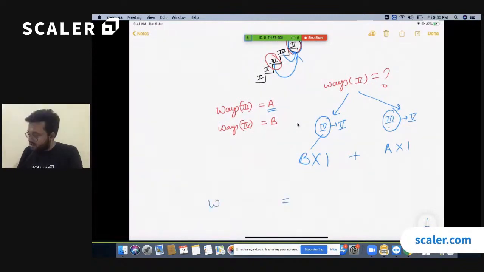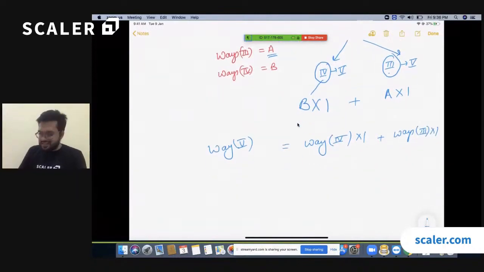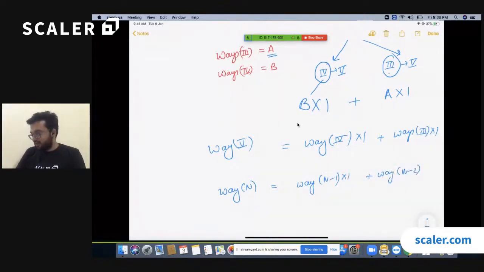So the number of ways to reach the 5th stair from the 1st stair would be nothing but the number of ways to reach the 4th stair multiplied by 1 plus the number of ways to reach the 3rd stair multiplied by 1. You can generalize this and say that the number of ways to reach the nth stair is nothing but the number of ways to reach the (n minus 1)th stair multiplied by 1 plus the number of ways to reach the (n minus 2)th stair multiplied by 1.